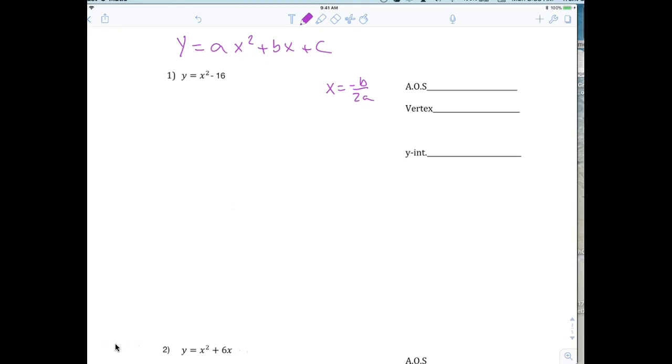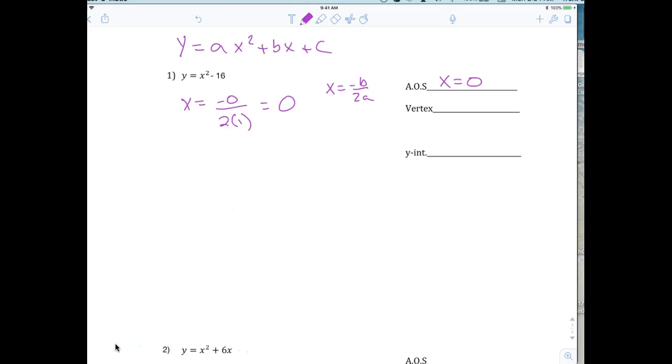So now, from there, I would like for you to be able to say that b is what? 0. Thank you very much. So x equals negative 0 over 2 times 1, which is automatically what? 0. So the axis of symmetry is x equals 0.